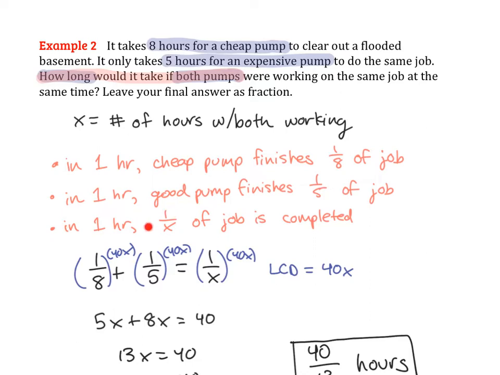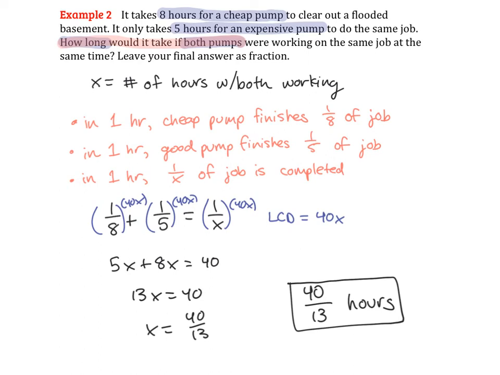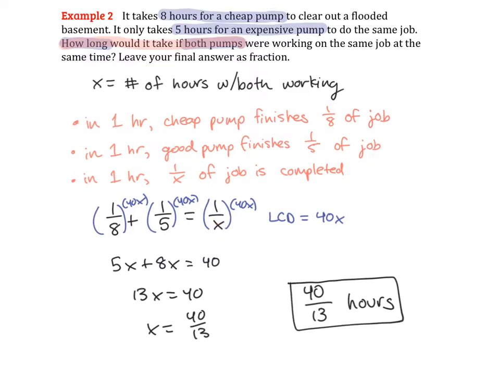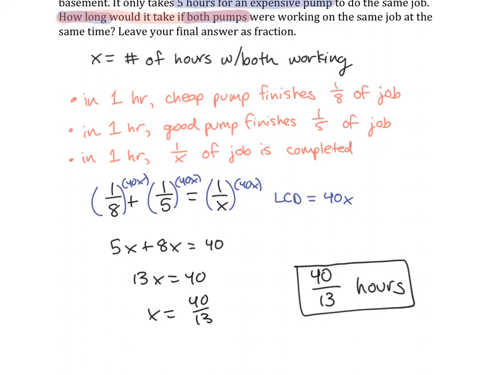And if it takes x hours to do the job total, that means in 1 hour you've completed 1/x of the job. So we can set up an equation saying here's the portion that the cheap pump finishes, 1/8 of the job, plus the portion that the good pump finishes, which is 1/5 of the job, and total, that means they've completed 1/x of the job. So from here, we have a rational equation.